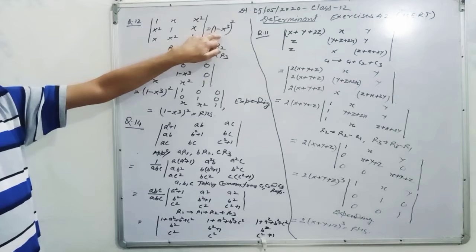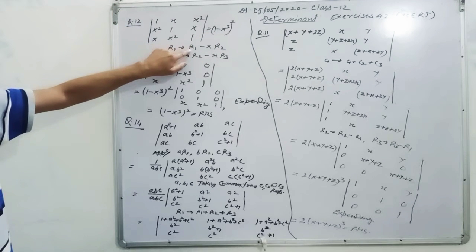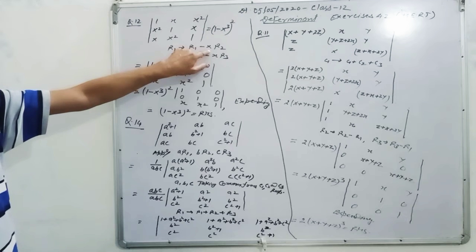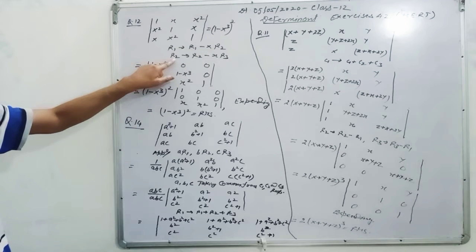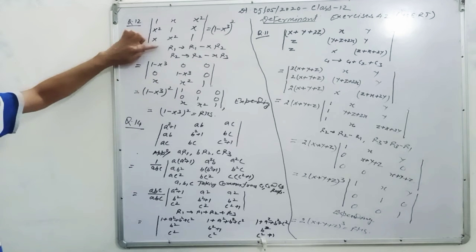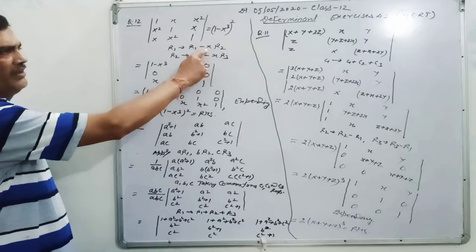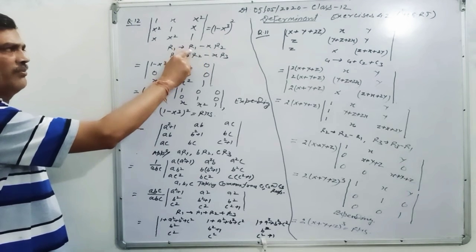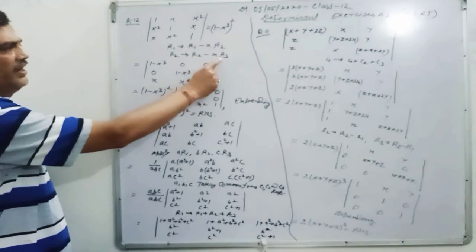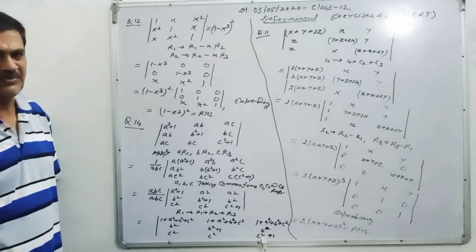To get this result, you can apply here R1 tends to R1 minus x times of R2, R2 tends to R2 minus x times of R3. R1 and R2 will change. In R2 multiplying by x, then subtracting from R1. In R3 multiplying by x, then subtracting from R2.